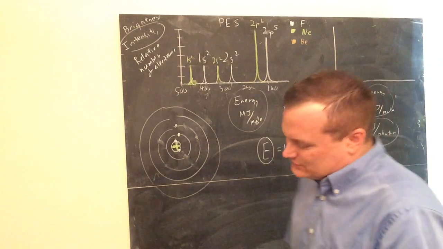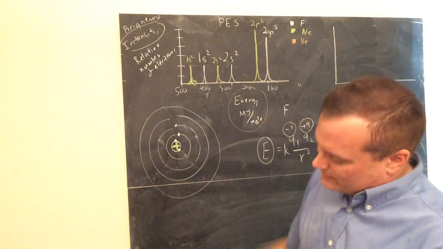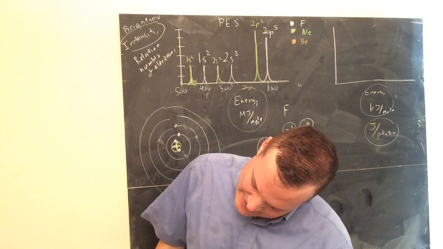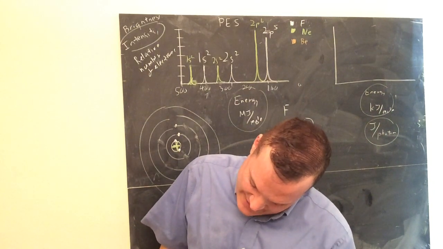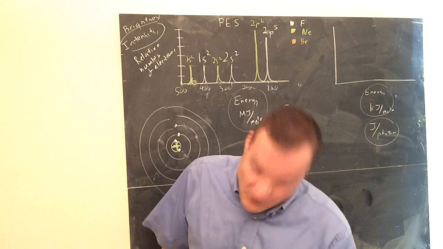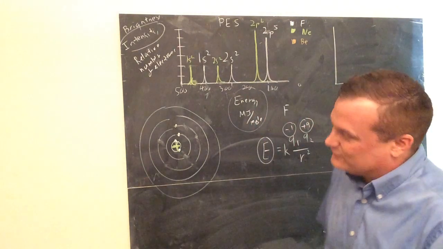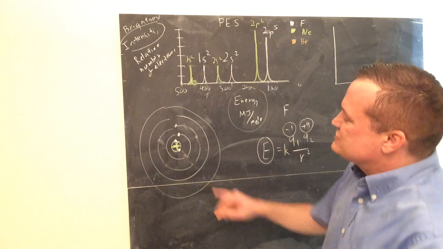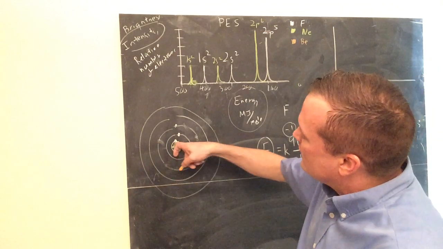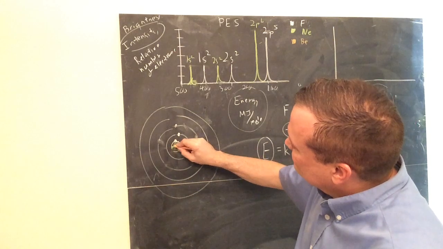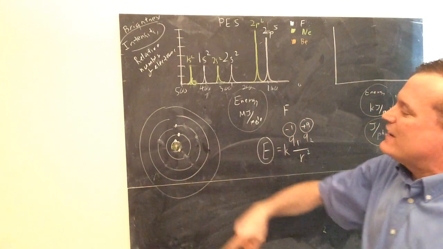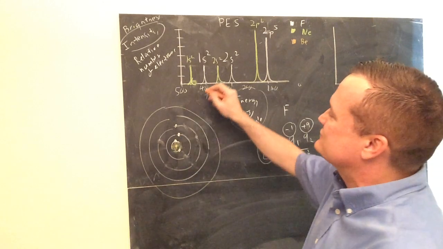Beryllium's nucleus, compared to neon and fluorine, is going to be positive 4, so it's a lot smaller, a lot lower charge. With such a small nuclear charge, it should be easy to take away the 1s and the 2s electrons.